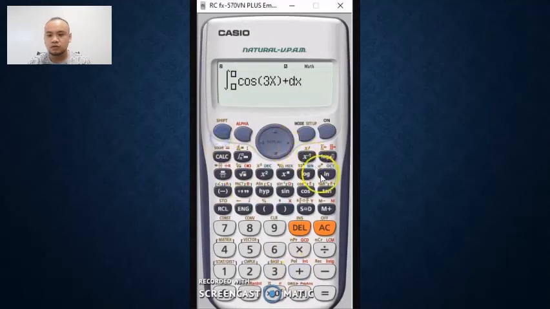The integral of cosine 3x plus e raised to 2x from 1 to 2 equals 23.46437, which is approximately equal to the value in the program.